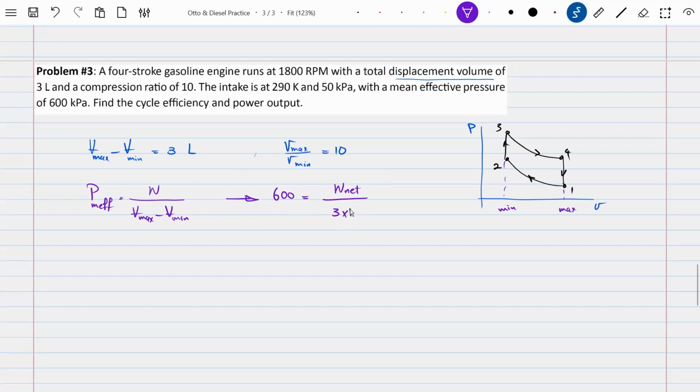So you have to convert this to meters cubed first. So now we get that the net output work for 1 repetition of the cycle is 1.8 kilojoules. But this is for 1 repetition.